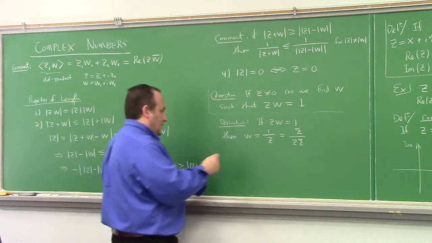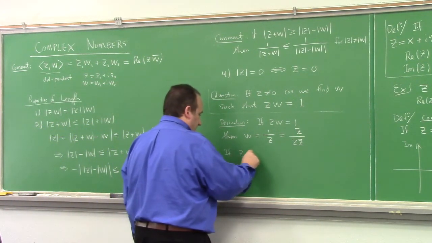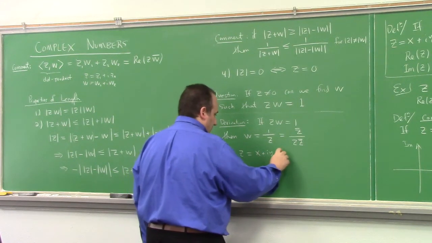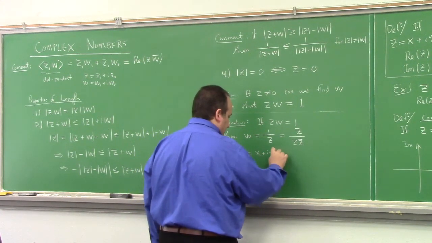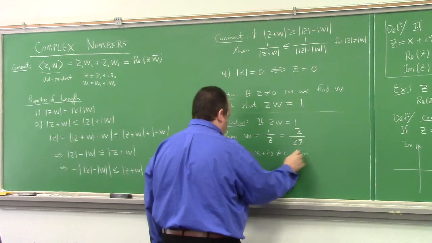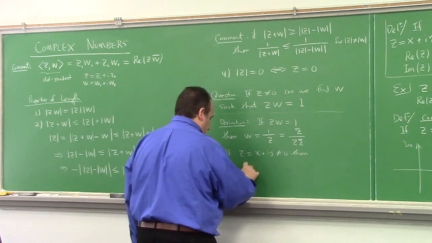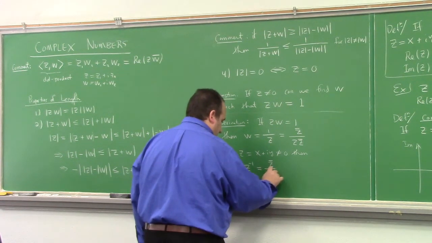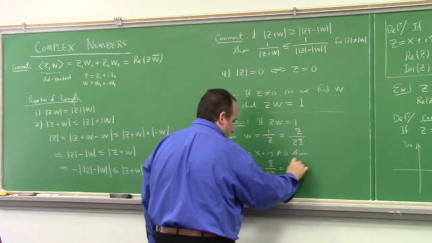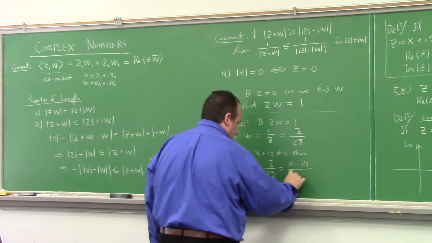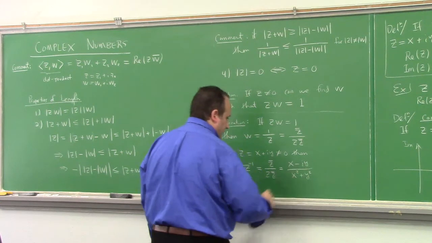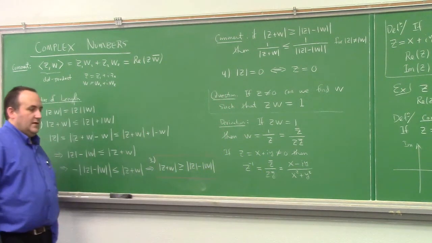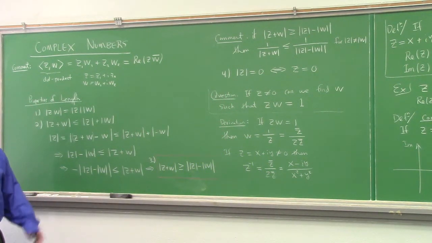So if z is equal to x plus iy, not equal to 0, then perhaps z inverse should be equal to z bar over z z bar, which would be x minus iy over x squared plus y squared. This is not a proof. I'm just exploring what a reasonable formula for the inverse of a complex number should be.